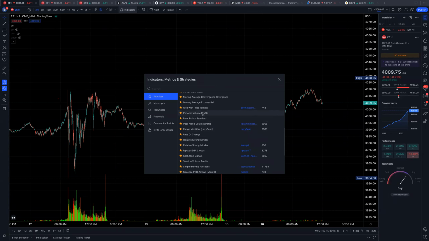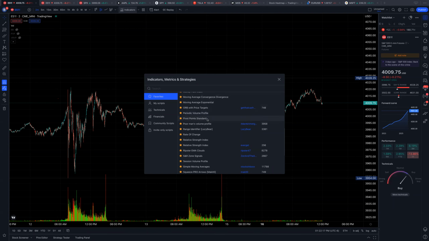This is my favorite, the periodic volume profile. And I'll be sharing the settings for Thinkorswim, because Thinkorswim is a bit complicated to use with the volume profile. It's a bit weird. But for TradingView, this is my favorite, the periodic volume profile. And I'm going to show you why in a bit.